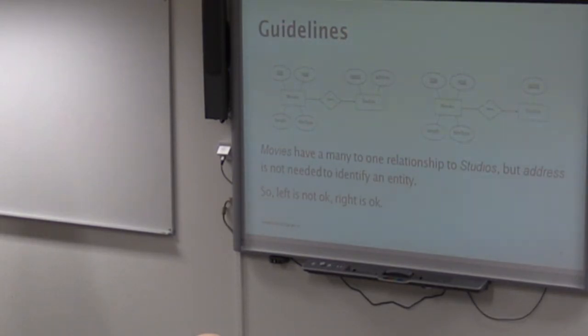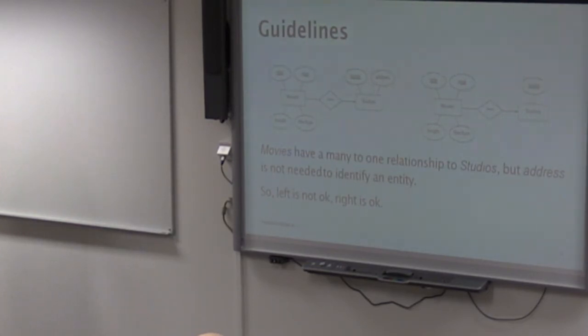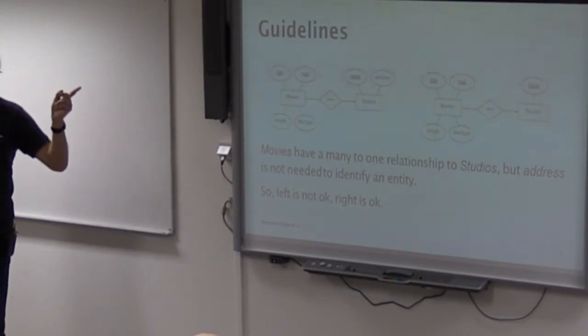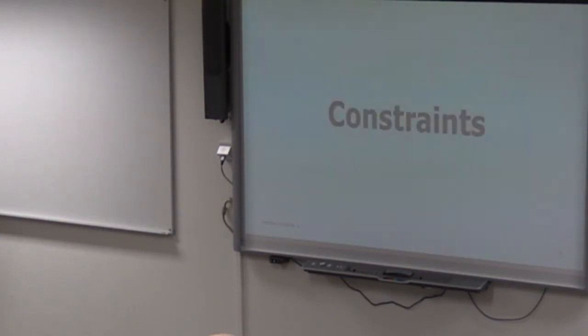If we go to the right model, we have just one attribute that is the key. Then it's just fine to incorporate that studio and make it an attribute of movies, if that is what you want. So be careful when you are dealing with redundant information.